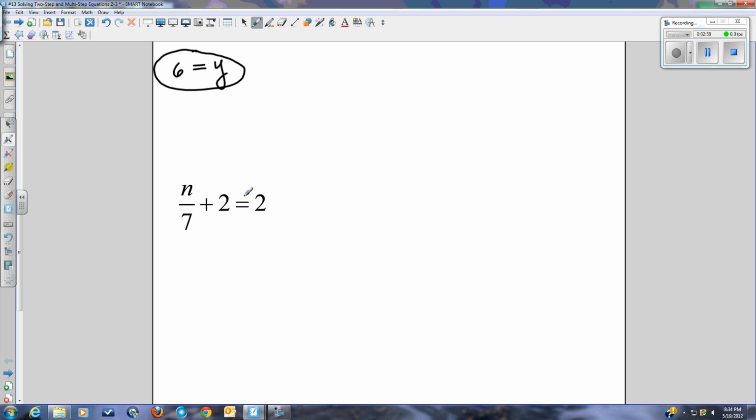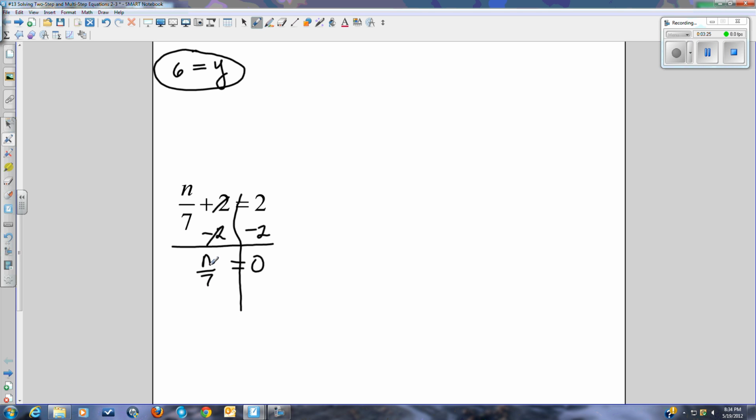Next problem, we have n over 7 plus 2 equals 2. We want to get n by itself, do any addition or subtraction first. The 2 is being added, so let's do the opposite and subtract 2. The 2's on the left cancel, and we have n over 7. On the right, actually they do cancel, but we need a number there, so 2 minus 2 is 0.